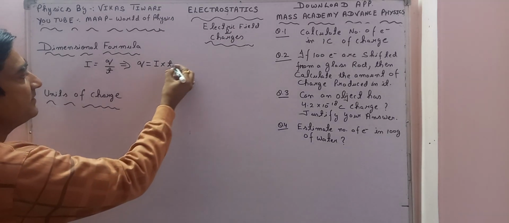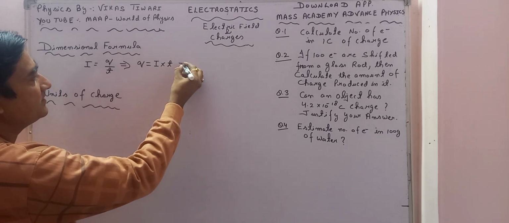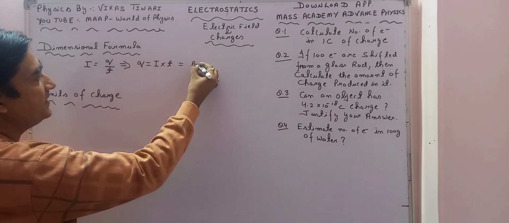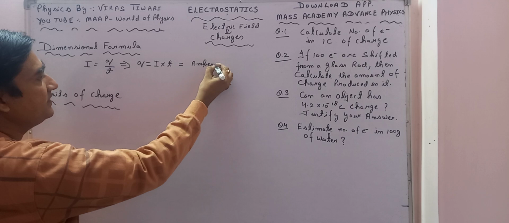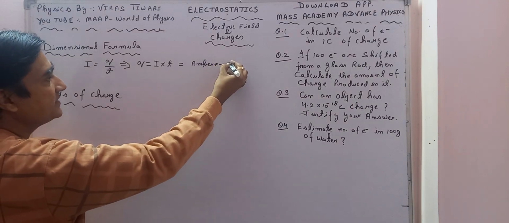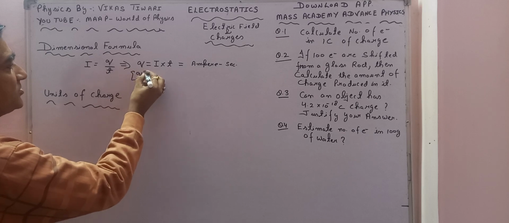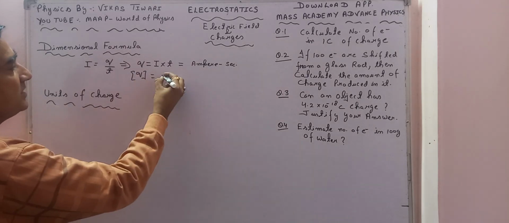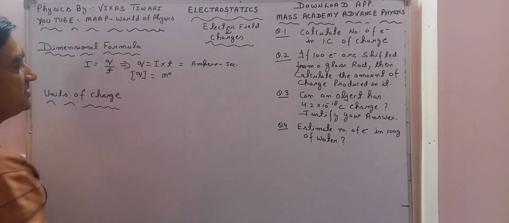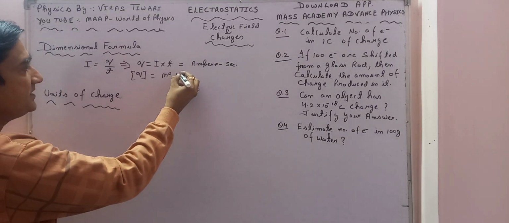Current is written in ampere, and time is in seconds. Based on this, what is the dimensional formula for charge? There is no mass term, so M raised to 0.